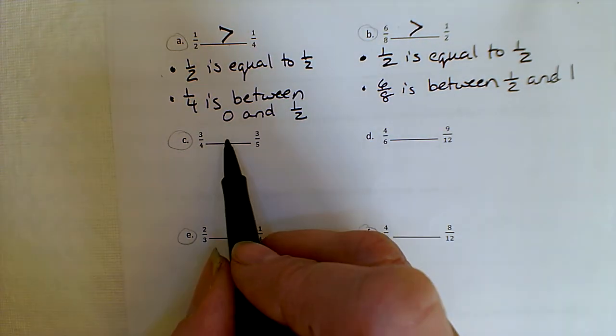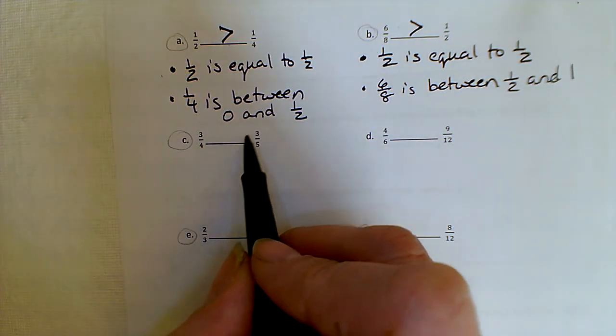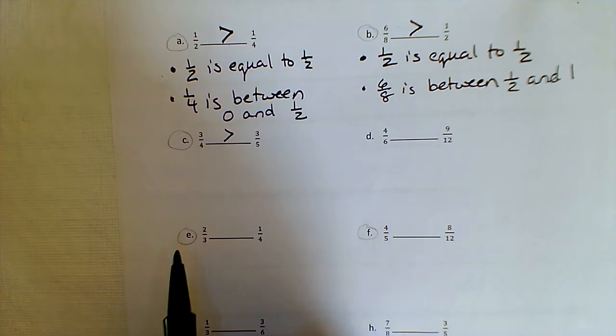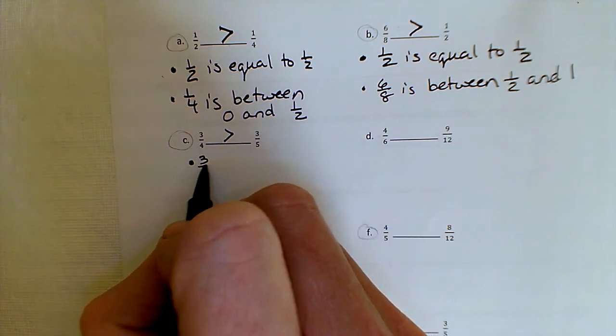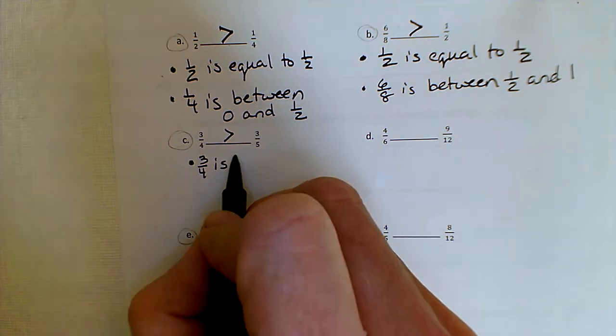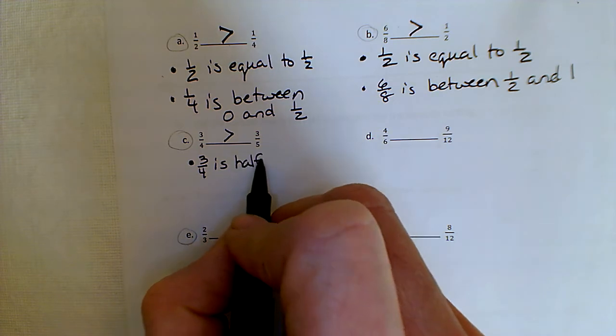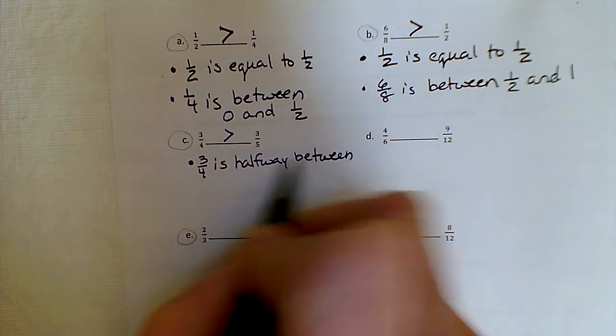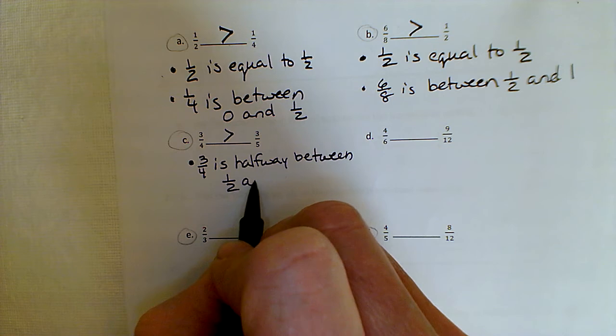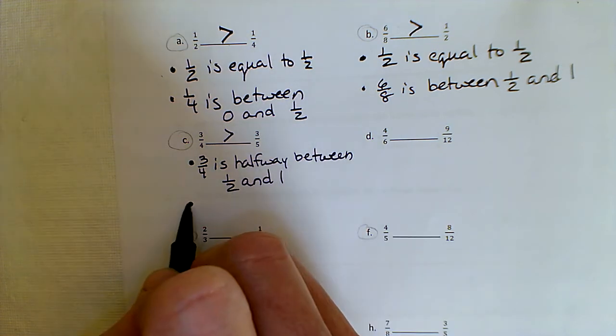And what I have is that 3/4 is going to be larger than 3/5. And what we know is that 3/4 is halfway between the benchmarks of 1/2 and 1.